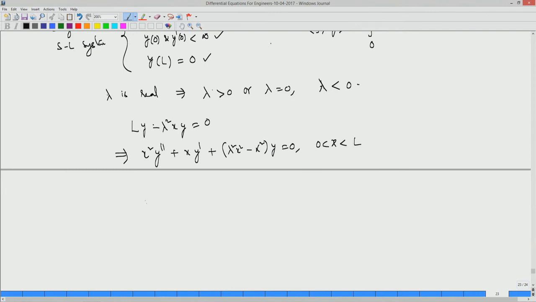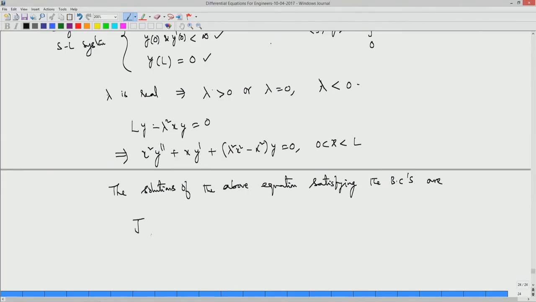So the solutions of the above equation satisfying the boundary conditions are J alpha of lambda i x.